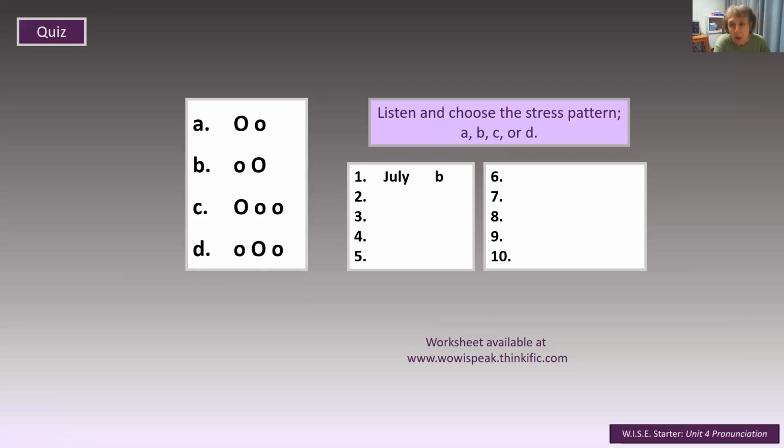Number 5, money. Number 6, expensive. Number 7, September.